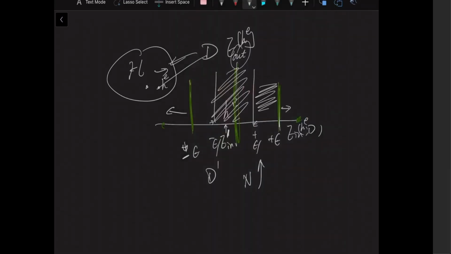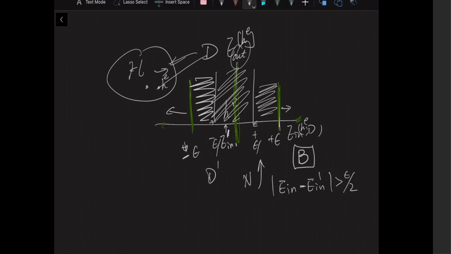Just because this is a zone, this is a zone. This zone separates the evaluated E in and E in prime. These two must differ from each other by more than half of epsilon. Let's call this B, event B.